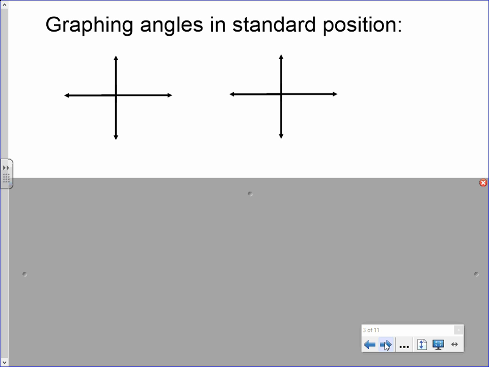If we are in standard position, where would our angle begin? On the positive side of our x-axis, this is always going to be where your initial side is. Which way are we going to rotate? And then we rotate counterclockwise.